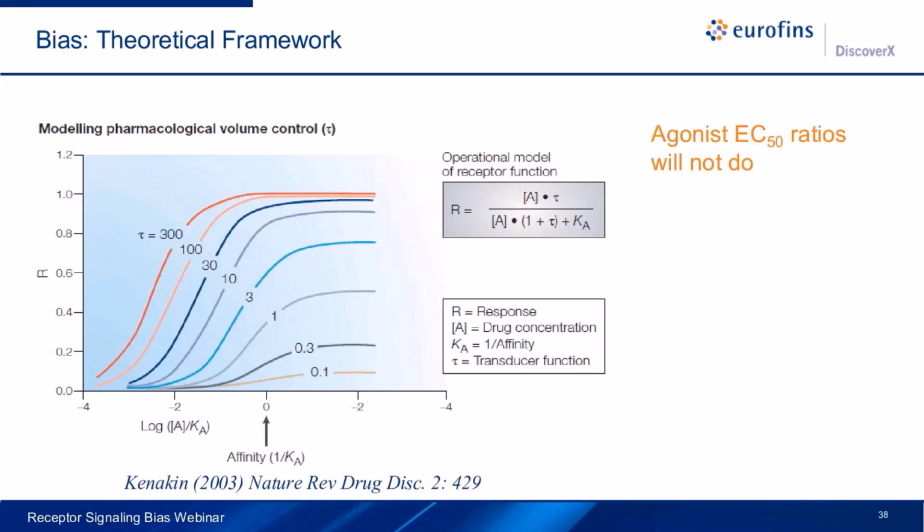And I'll show you how we do that. We have to use log of efficacy divided by affinity. We can't just simply use potency because of what happens to potency in different cell types.